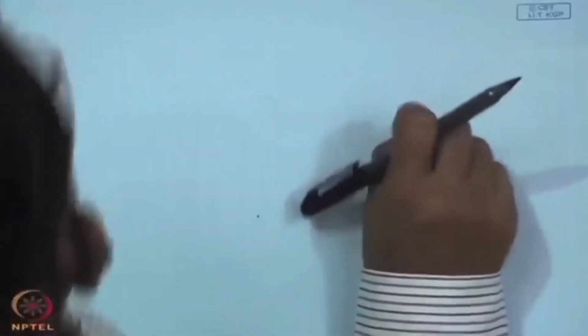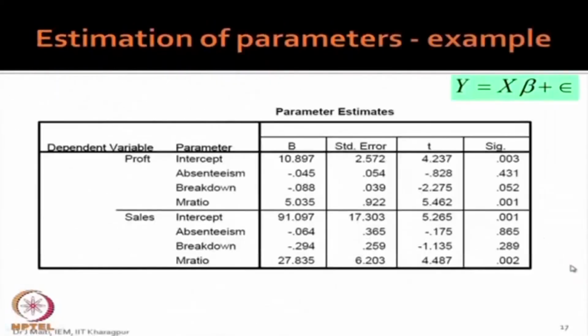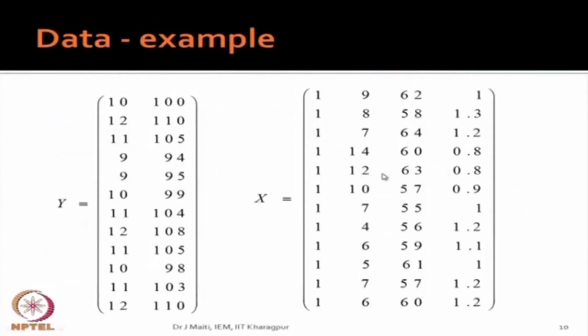So, let us see the result. If you go back, let us go to the data set we initially considered. This is the data set: this one is profit, this is sales volume, this one is the constant term for x0, this is absenteeism, this one is breakdown hours, this is M ratio.